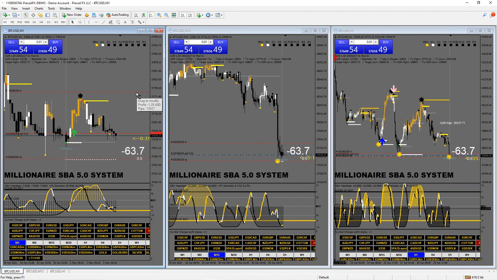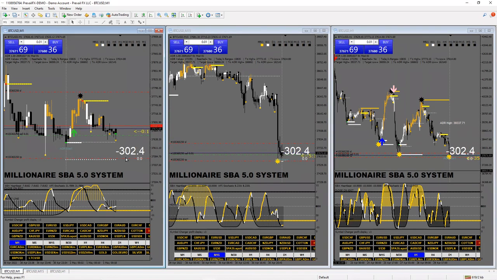I would have never entered into a trade like that under normal circumstances, because I want the trade to be at least 1-to-1, meaning that if I'm going to gain 20 pips, I want to set my stop loss at 20 pips. And I can still do that.